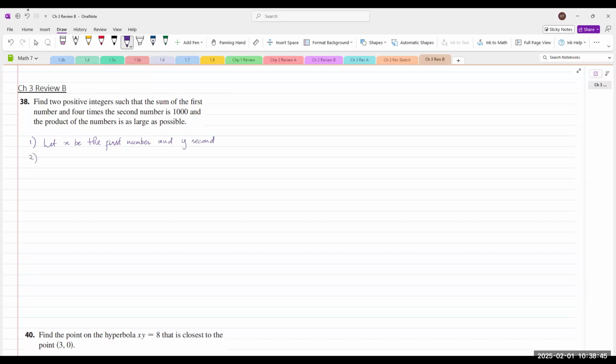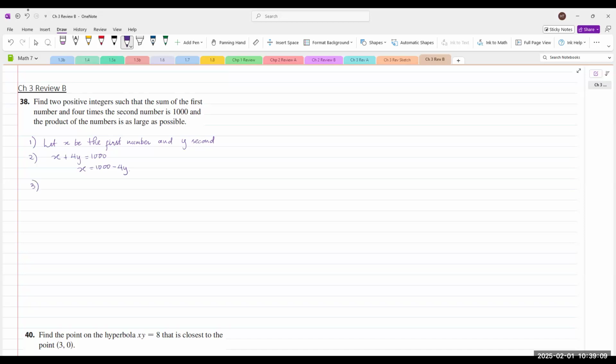From the passage, we see the relationship that the first number plus 4 times the second number equals 1000. So x equals 1000 minus 4y. And the product of the numbers is as large as possible.